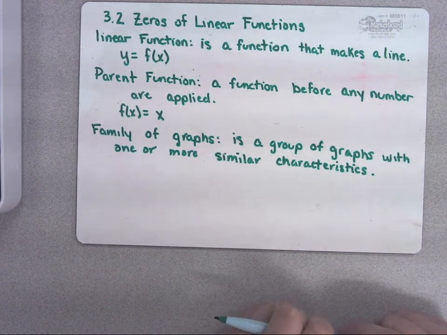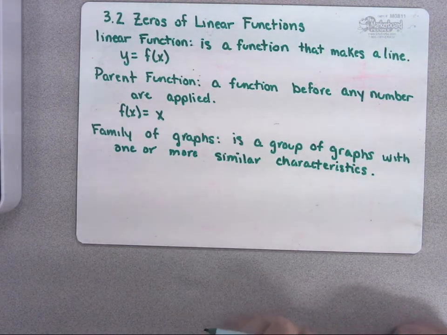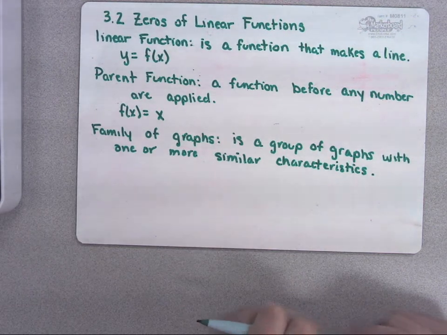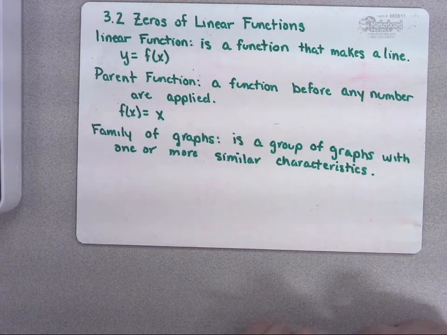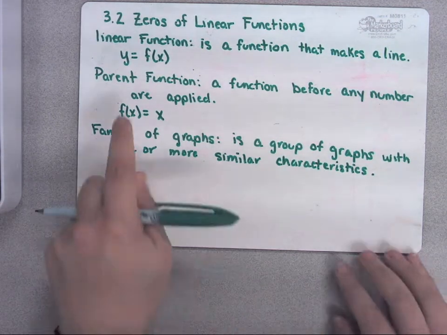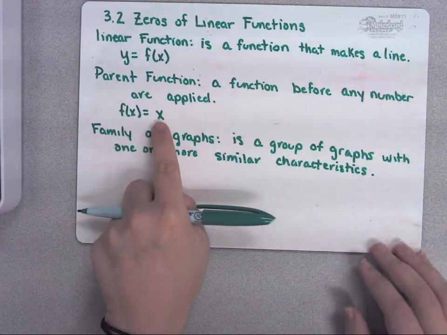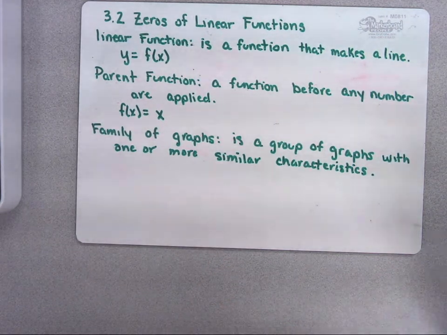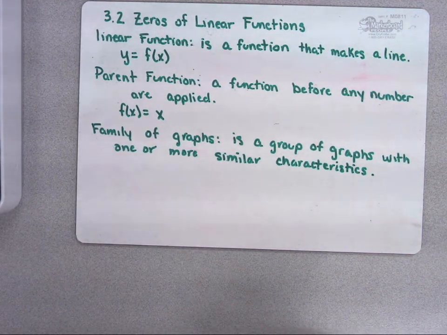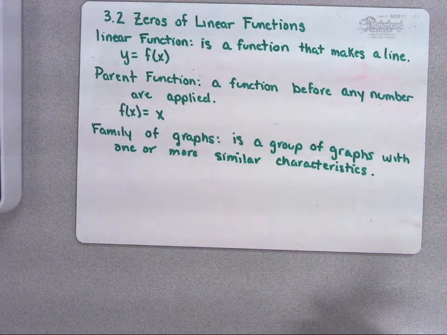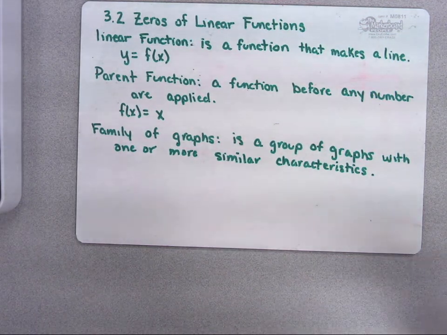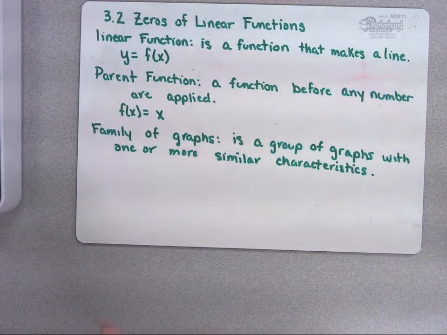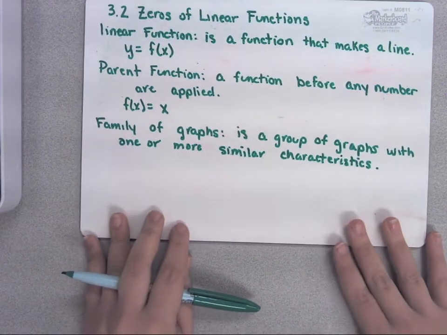Okay, so that literally means in equations, it means the x's. Always pay attention to the x's. So a family of graphs always have the same x to the whatever power. Okay, so all linear families have x. Some may be plus 3, some may be 4 times x, but they all have the same kind of x power. Okay? Just like your families, a lot of times, you have like the same hair color or something like that. You have characteristics in common. Same thing like that. Okay?